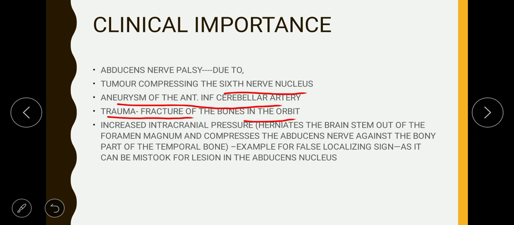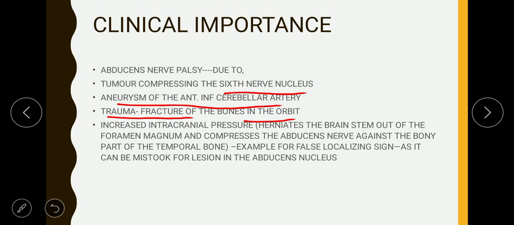So now let us move on and study the false localizing sign. When there is increased intracranial pressure, the brain stem is herniated out of the foramen magnum and the abducens nerve is now compressed against the bony part of the temporal bone. We have already seen that the abducens nerve takes a sharp bend along the bony part of the temporal bone.